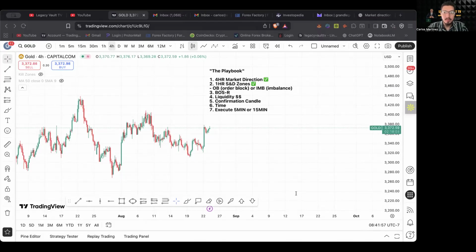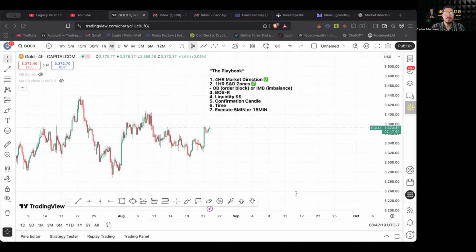Now, a demand zone is an area where buying pressure is strong. Large institutions and traders are accumulating positions, and price often reverses upward when it revisits the zone. So that is supply and demand zones.